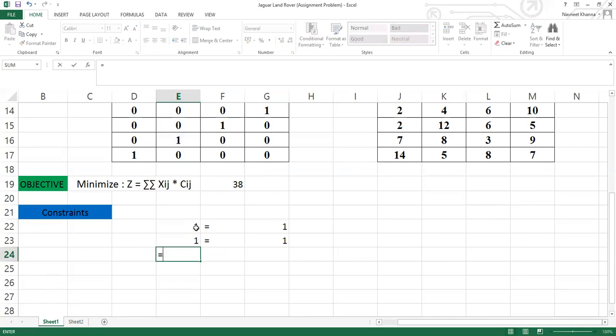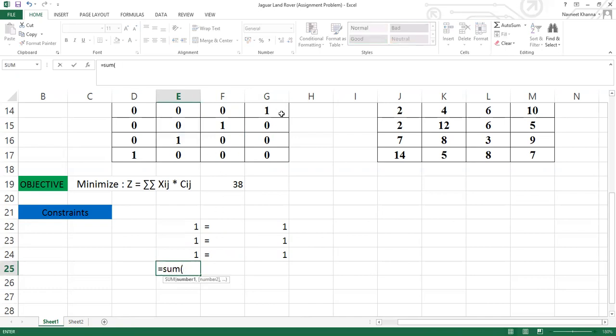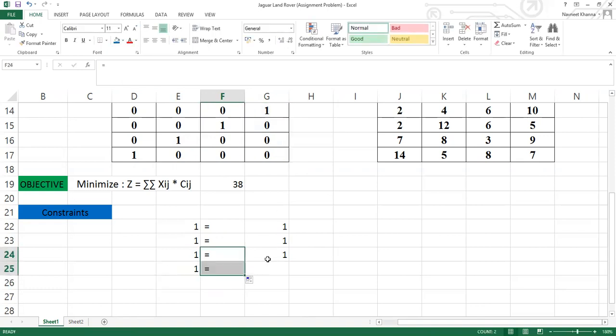Then the third one is X13 plus X23 plus X33 plus X43 is equal to 1. Fourth one is X14 plus X24 plus X34 plus X44 is equal to 1, right? This is the fourth one.